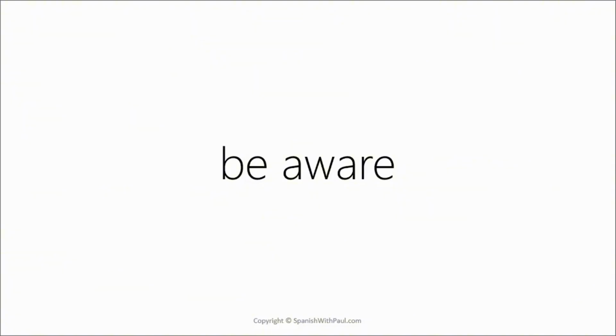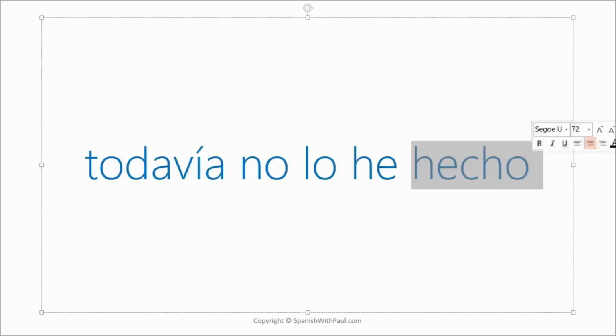And the second bit of good news is that it really doesn't change anything. The structure and the way that it works, the formulas remain intact. It's just that you have to remember that hacer will go to hecho, or decir would go to dicho, and so forth. That's all you have to remember. All the rest remains exactly the same.